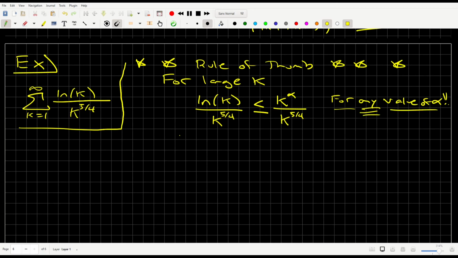And this is simply because the natural logarithm function grows slower than the monomial power function.